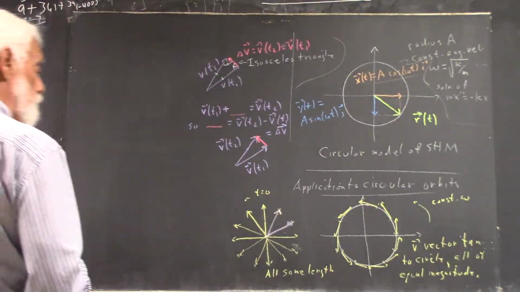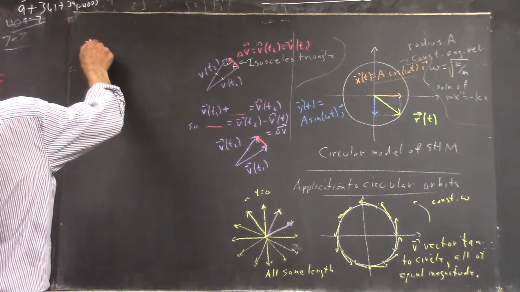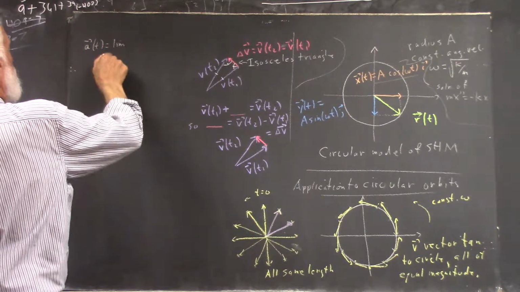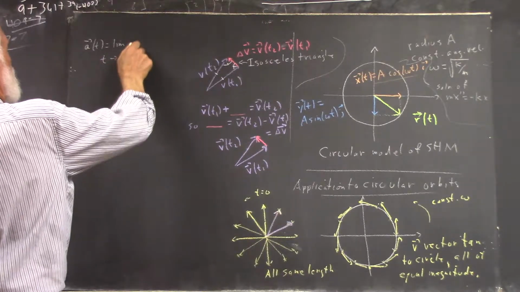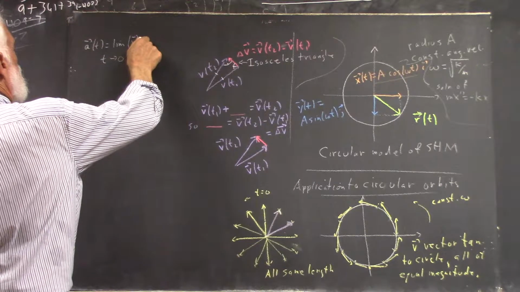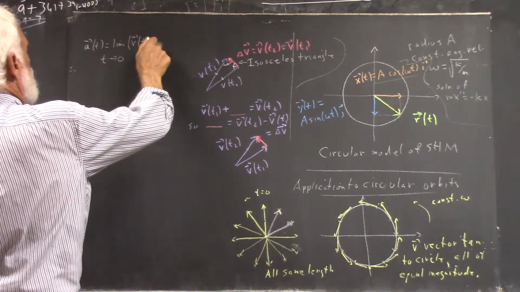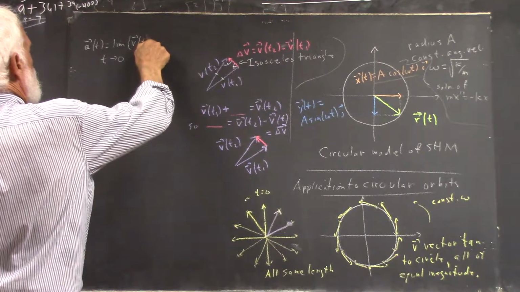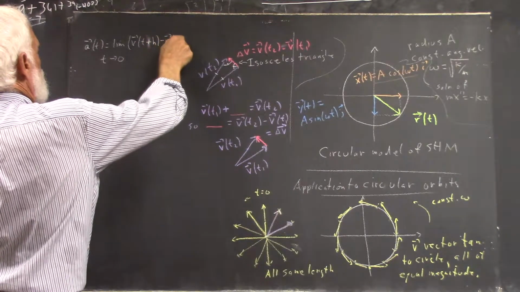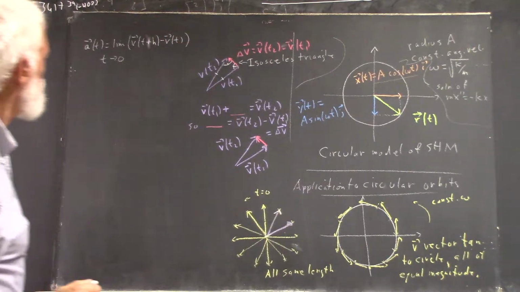So I can write over here, acceleration at a time t equals the limiting value as t approaches 0 of v of, we'll say t plus h, fairly standard notation, minus v of t. Okay?